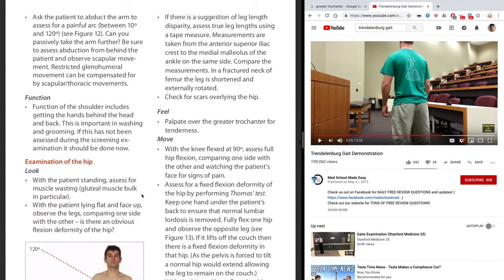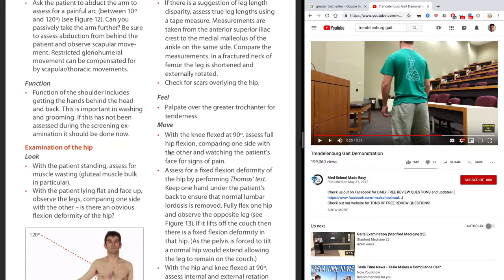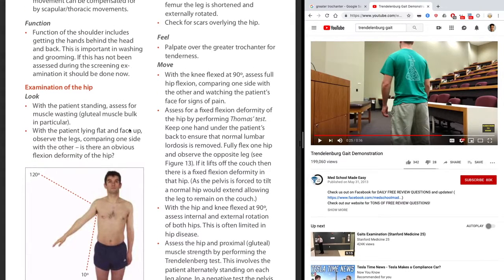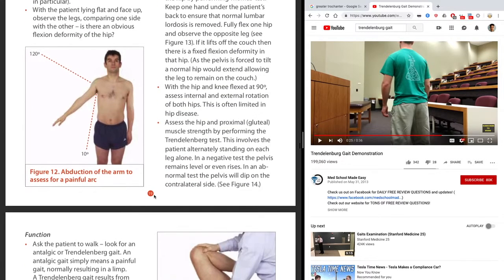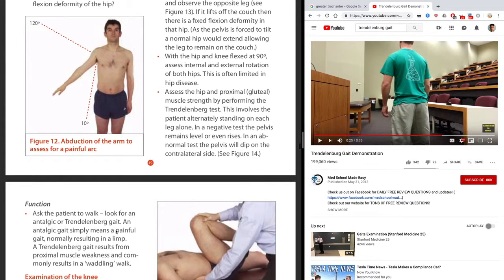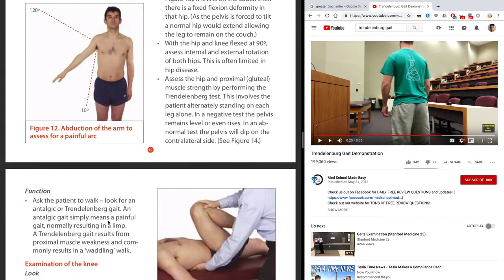So look, feel, move. Look first, you're going to look for butt muscle bulk, and then you're going to ask them to stand on one leg, each taking turn. Stand on left leg first, then stand on right leg, doing a Trendelenburg test, and ask the patient to walk, looking for antalgic or Trendelenburg gait.